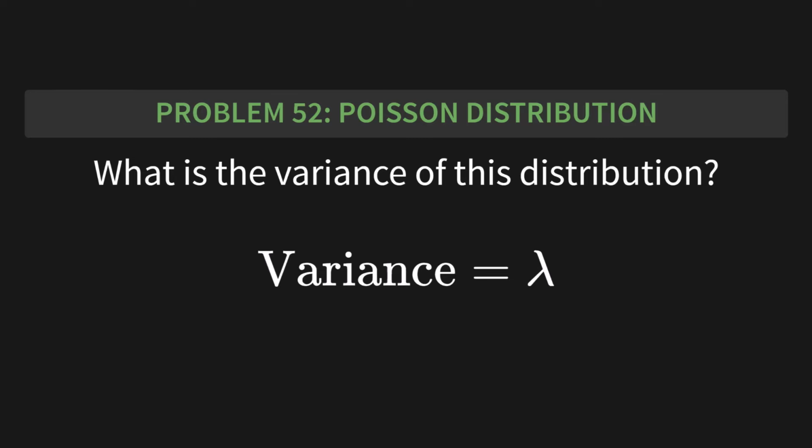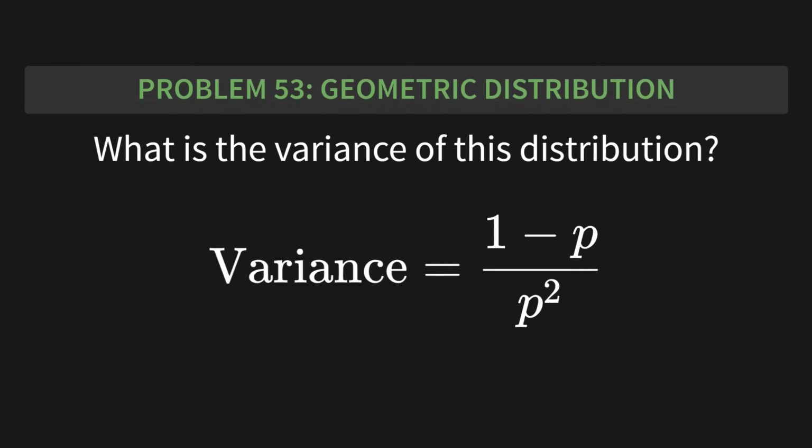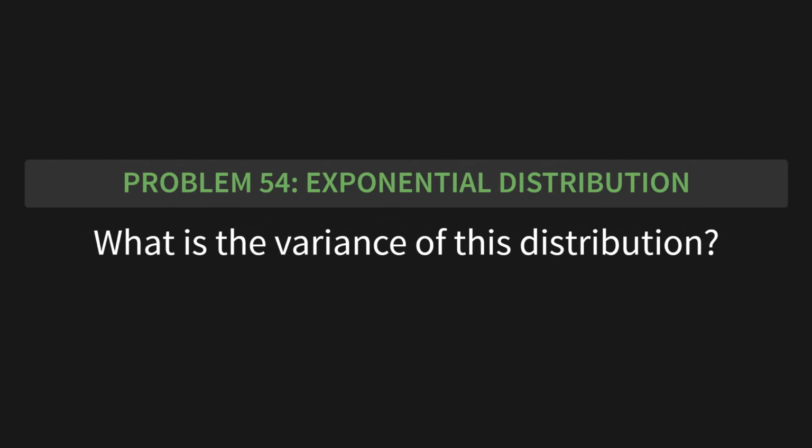What is the variance of a geometric distribution? Variance equals 1 minus P over P squared. What is the variance of an exponential distribution?